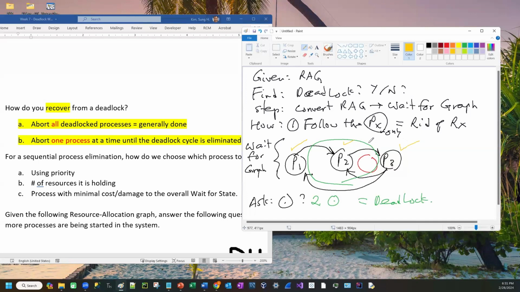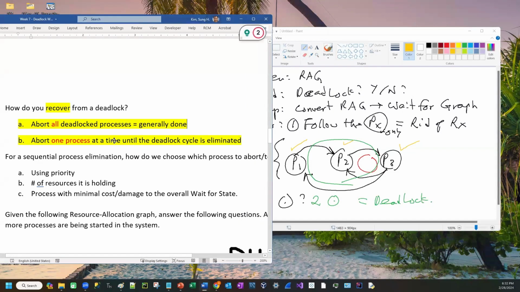You evaluate and try to get rid of one that'll break the cycle, the circle, right? If you have two circles, then you probably have to get rid of two, but sometimes you get rid of one and it solves all of them. But the idea is to get rid of a minimal number of processes to get your system out of the deadlock. So here is the second option.